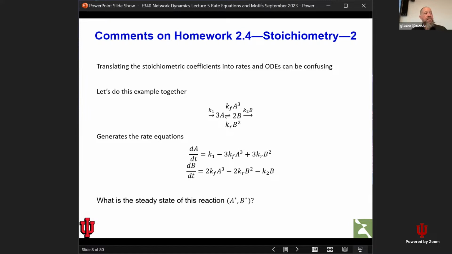Now if I weren't using mass action, it might be less confusing, because this 3 in front of the A and the 3 in the exponent are related to each other. That's from mass action. Where you might not expect it is that there's a 2 here in front of the B, so you might expect a 2 here. But in fact, the exponent here, the 2, comes from the rate, but this numerical factor of 3 comes from the stoichiometry.